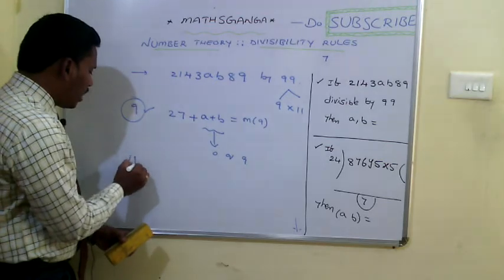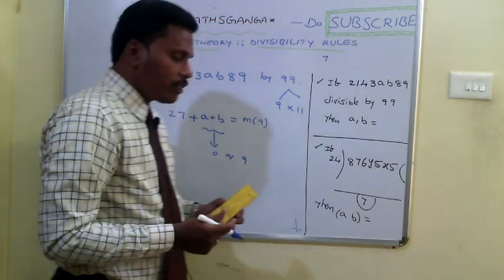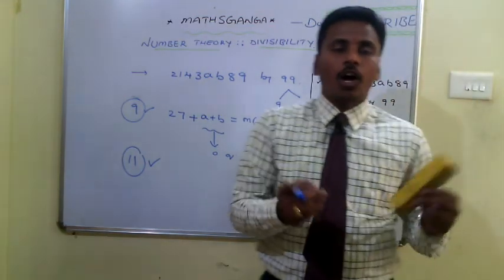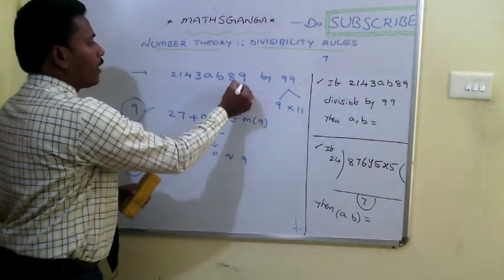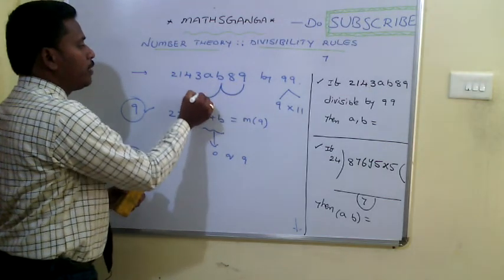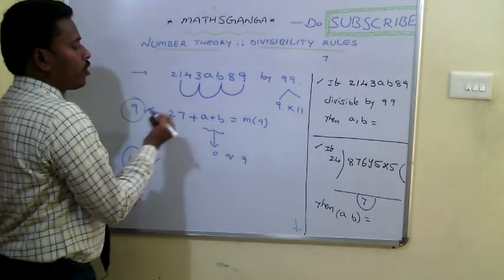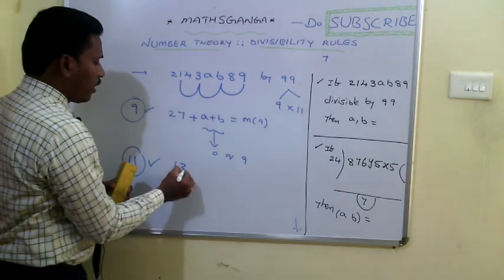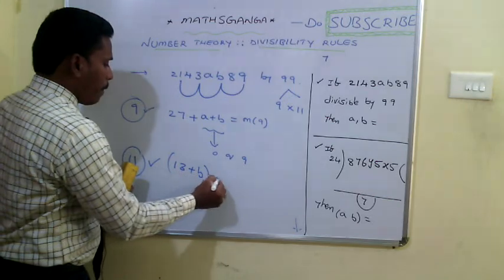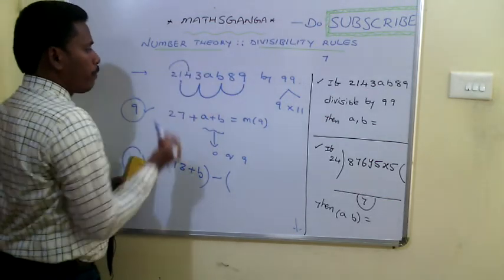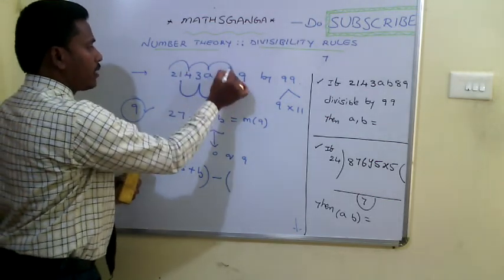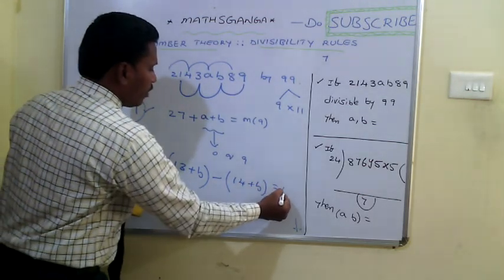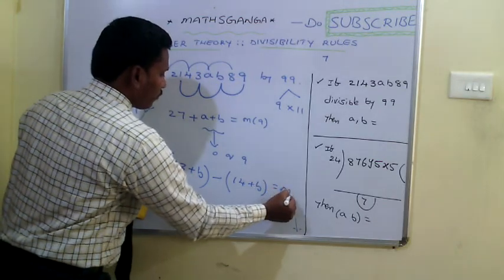In the same way, we need to check the divisibility rule for 11. What is the divisibility rule for 11? A number is divisible by 11 if we observe the digits in the alternate places. So coming to the units place, 9 plus B plus 3 plus 1, that means 13 plus B. Minus 2 plus 4, 6 plus A plus 8, which is 14 plus A. This must be a multiple of 11.